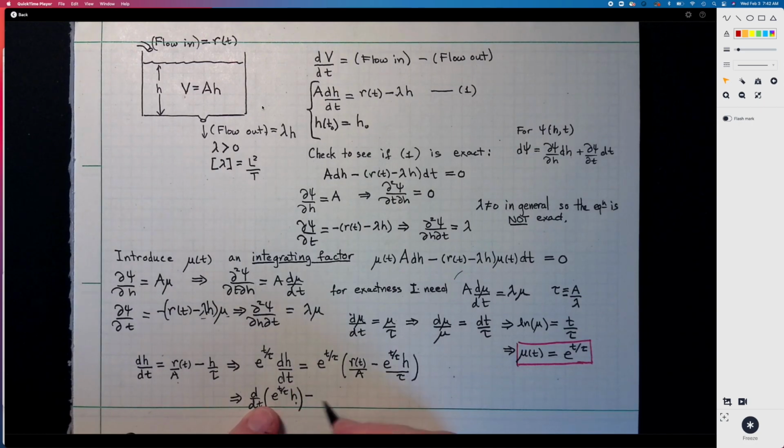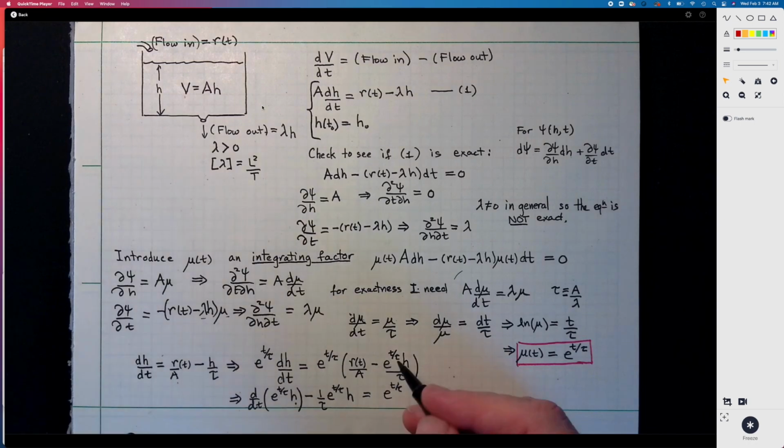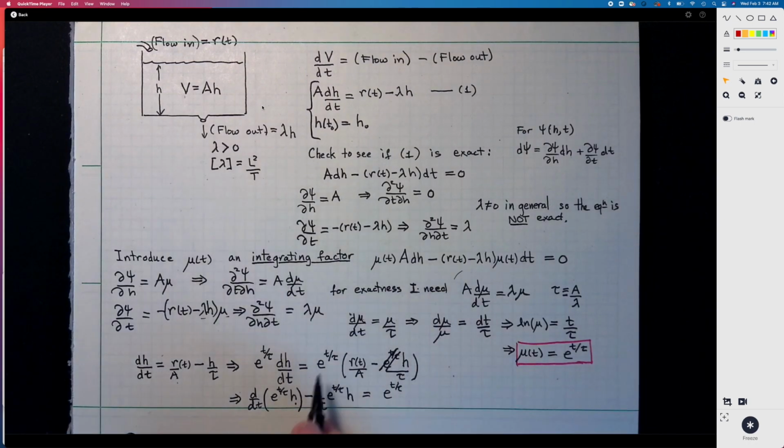So minus 1 over tau e to the t over tau times h equals the right hand side, e to the t over tau. Oh, I multiplied the e to the t over tau twice here. I made a mistake, right? This should not be here because I have it on the outside of the parenthesis.